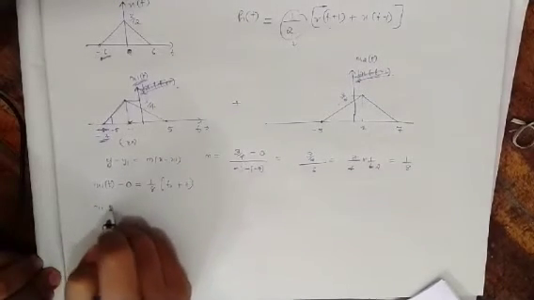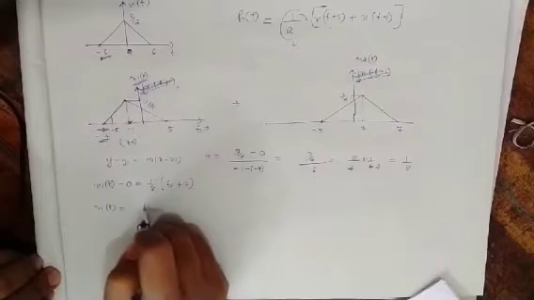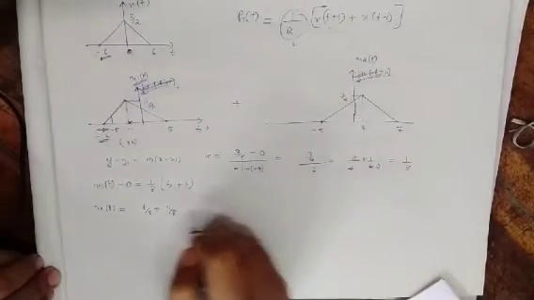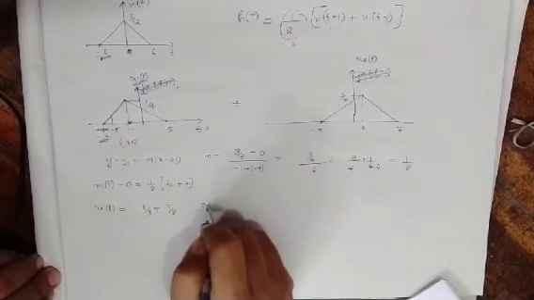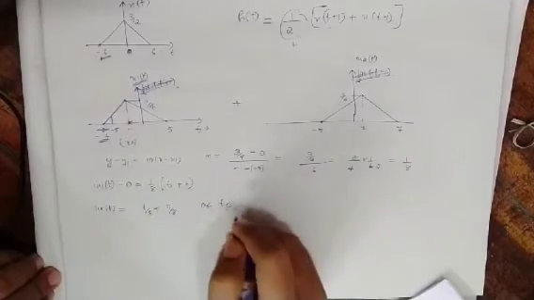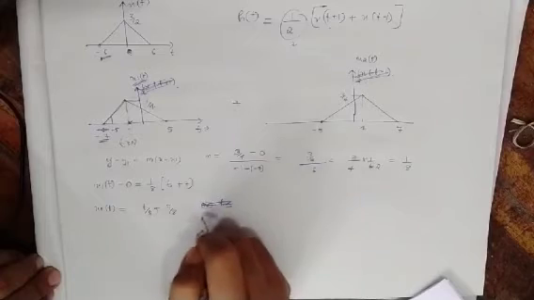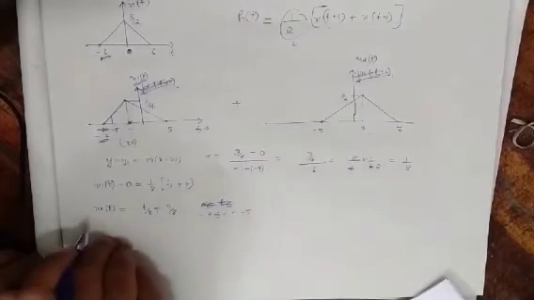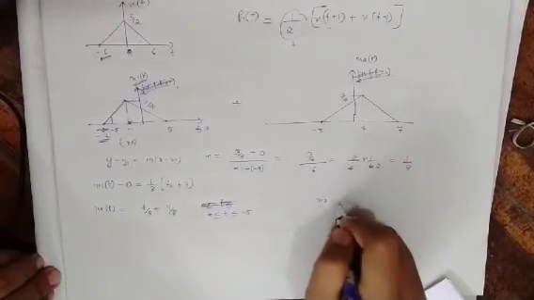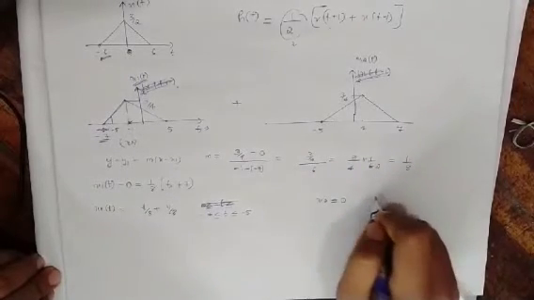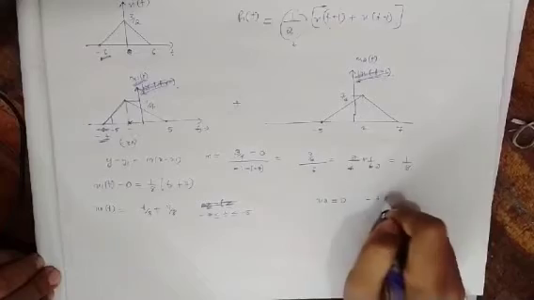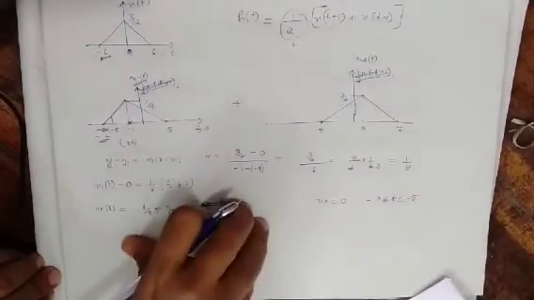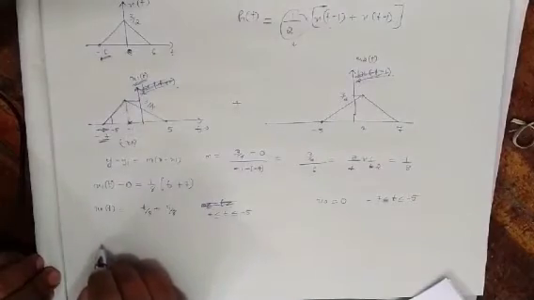So, x1 of t will be equal to t divided by 8 plus 7 divided by 8, for minus 7 less than or equal to t less than or equal to minus 5, and x2 of t on the contrary is equal to 0 for minus 7 less than or equal to t less than or equal to minus 5. So, these two are added together. Let it be y of t.